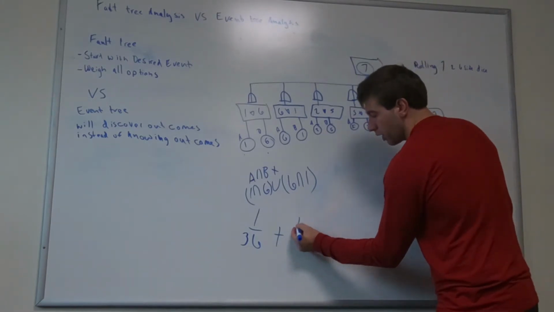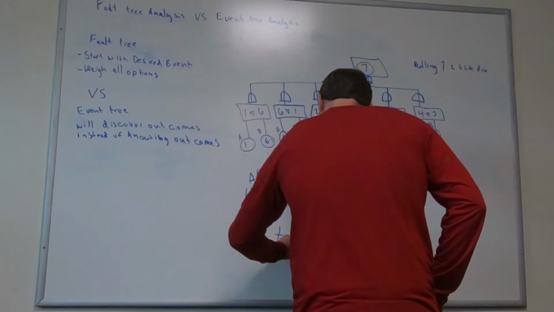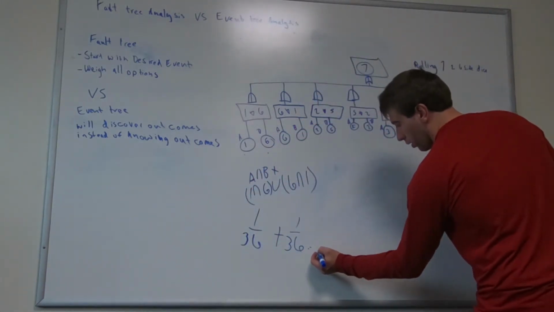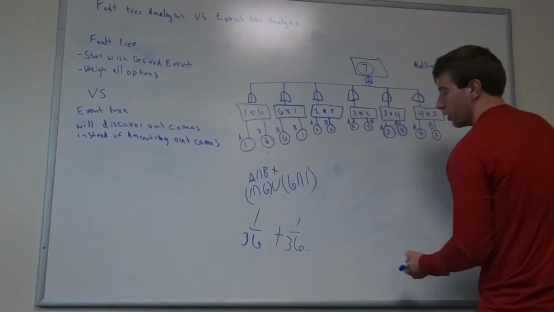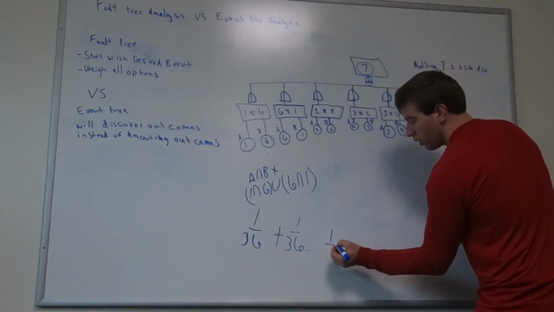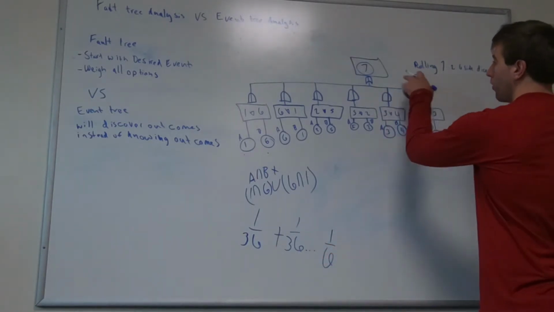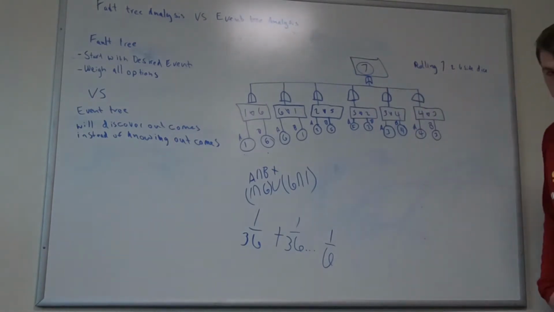So you have 1/36 plus 1/36, and you have this 6 times, which turns into 1/6. So the probability of this occurring, rolling a 7, is 1/6.